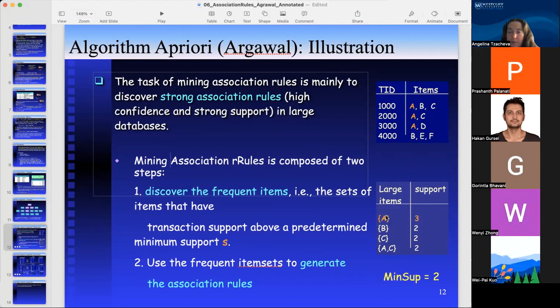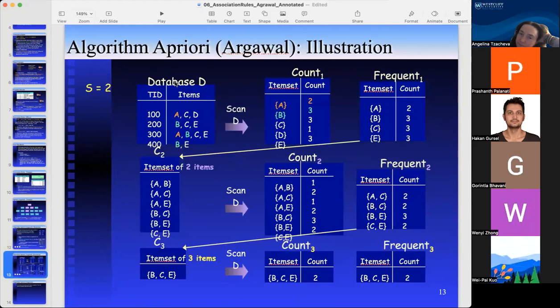A single element set means it only has one item. Let's say A, B, C, D. Count the number of times it occurs. If it's bigger than the threshold, then it stays and it's good. If it's smaller than the threshold, we remove it from the analysis. But first we start with single element sets.